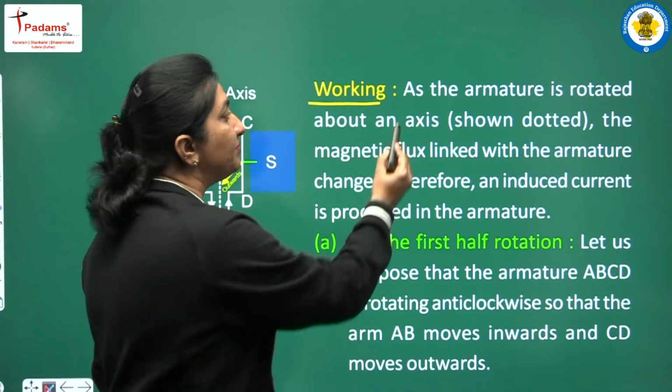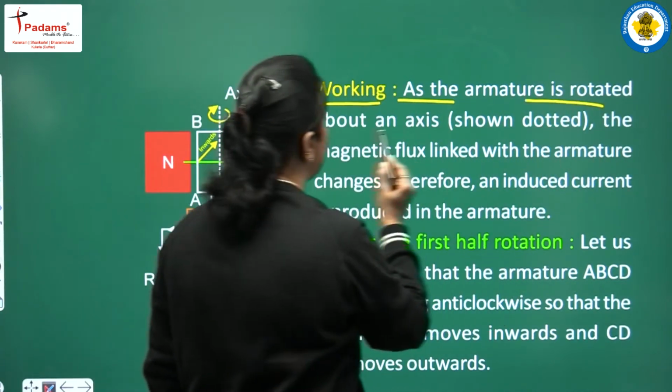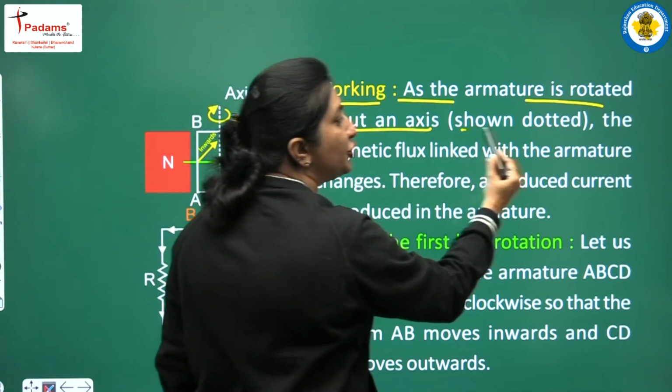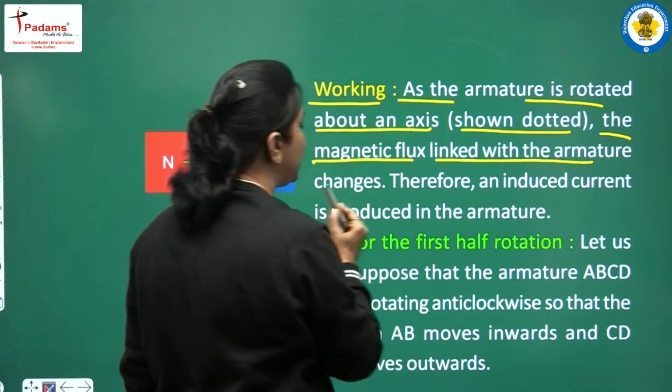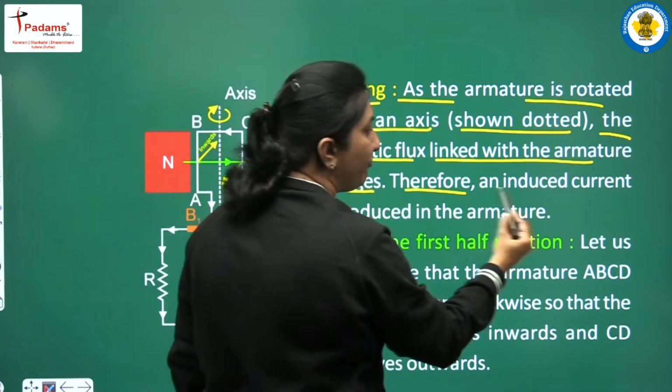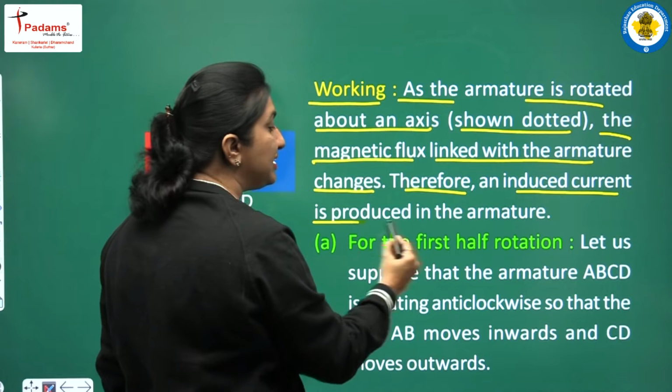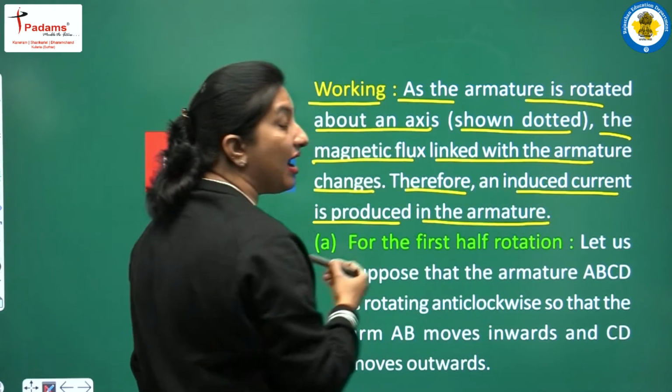Now, students, as the armature is rotated about an axis shown dotted, the magnetic flux linked with the armature changes. Therefore, an induced current is produced in the armature.